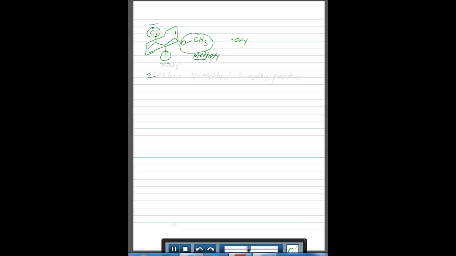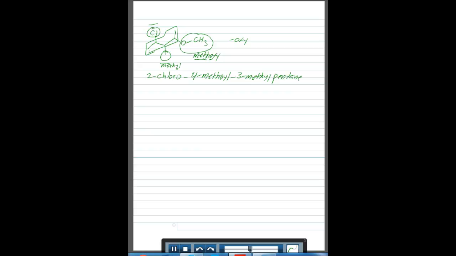So this would be called 2-chloro. Now alphabetically, you have a methyl and a methoxy, so you use the o versus the y. Oxygen is obviously first alphabetically. So this would be 1, 2, 3, 4-methoxy, 3-methyl, and how many carbons do we have? 1, 2, 3, 4, 5, pentane.